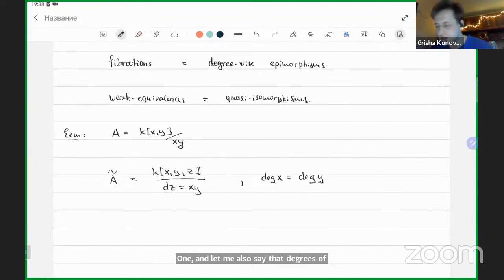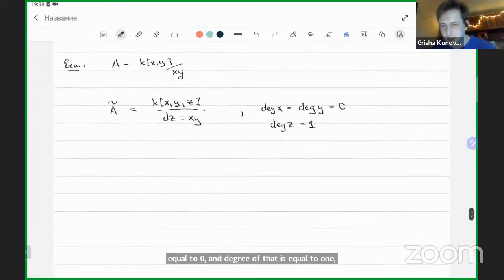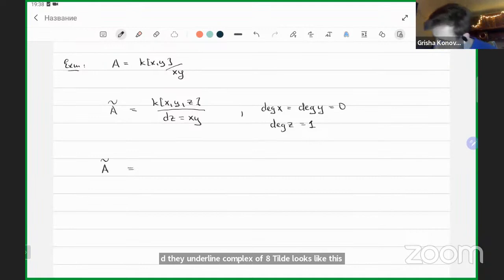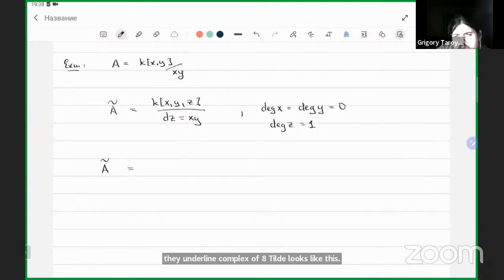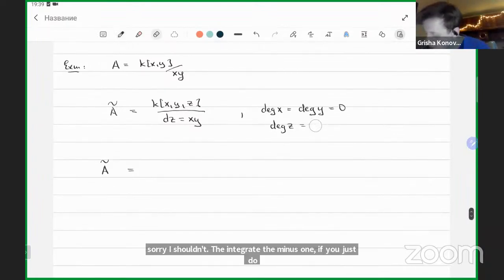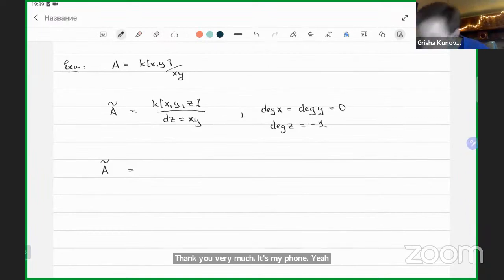Degree of x is equal to degree of y is equal to 0, and degree of z is equal to 1. Sorry, shouldn't the degree be -1? Thank you very much. It's -1, according to the conventions fixed.